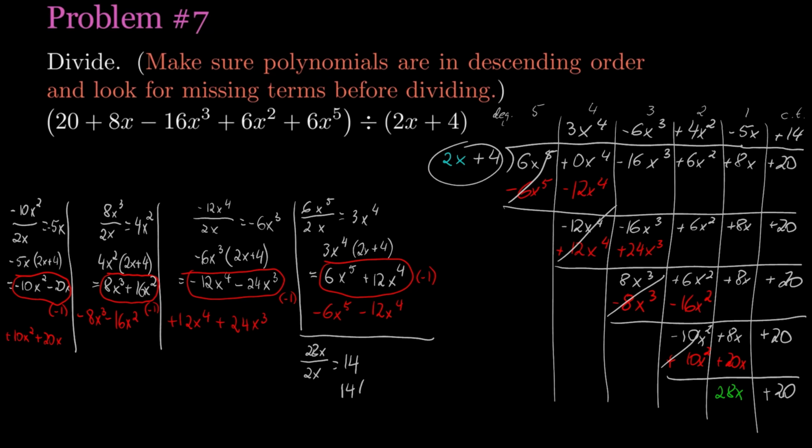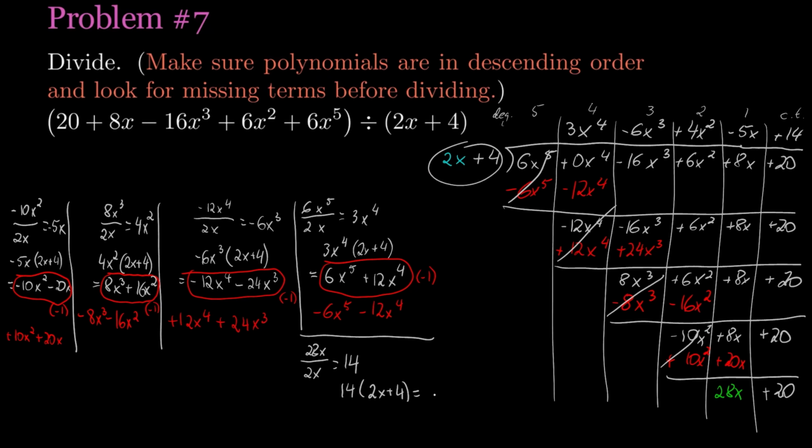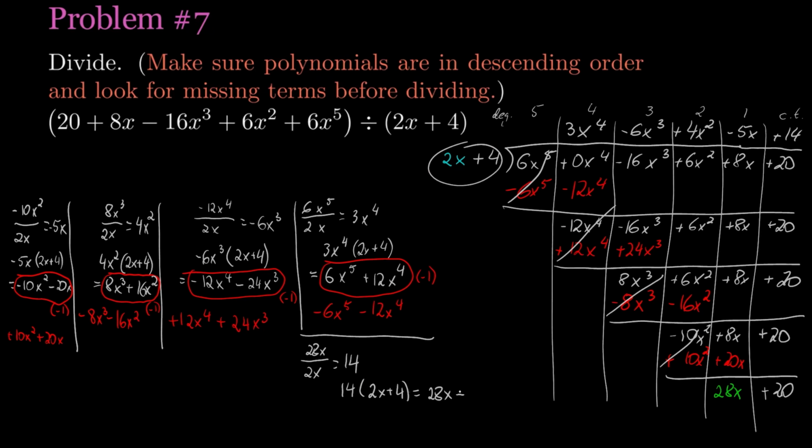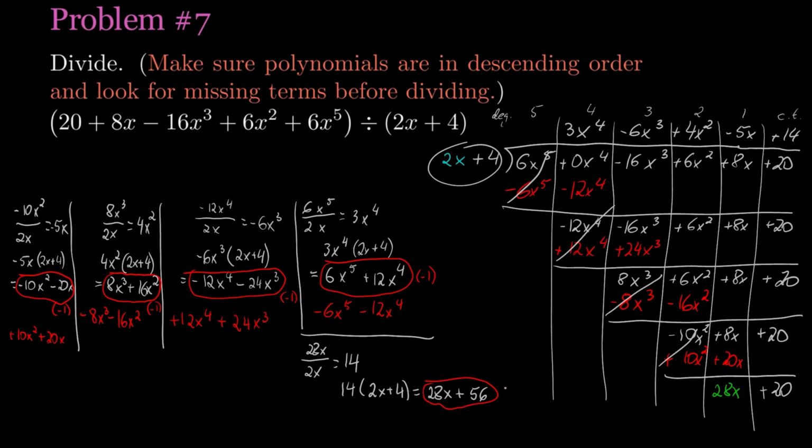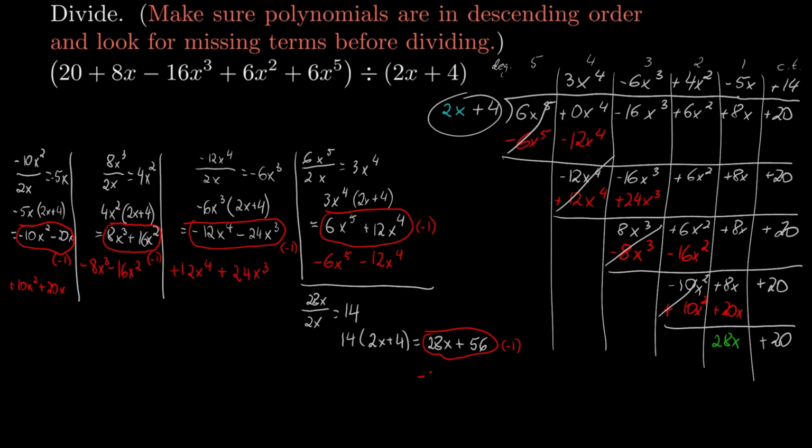But that constant term, this newly obtained term of the quotient, is still multiplied by the whole divisor, 2x plus 4, by distribution to get 28x plus, well, what is 14 times 4? 56. And since we are to subtract it from the current dividend, we multiply it by -1 to get minus 28x minus 56.